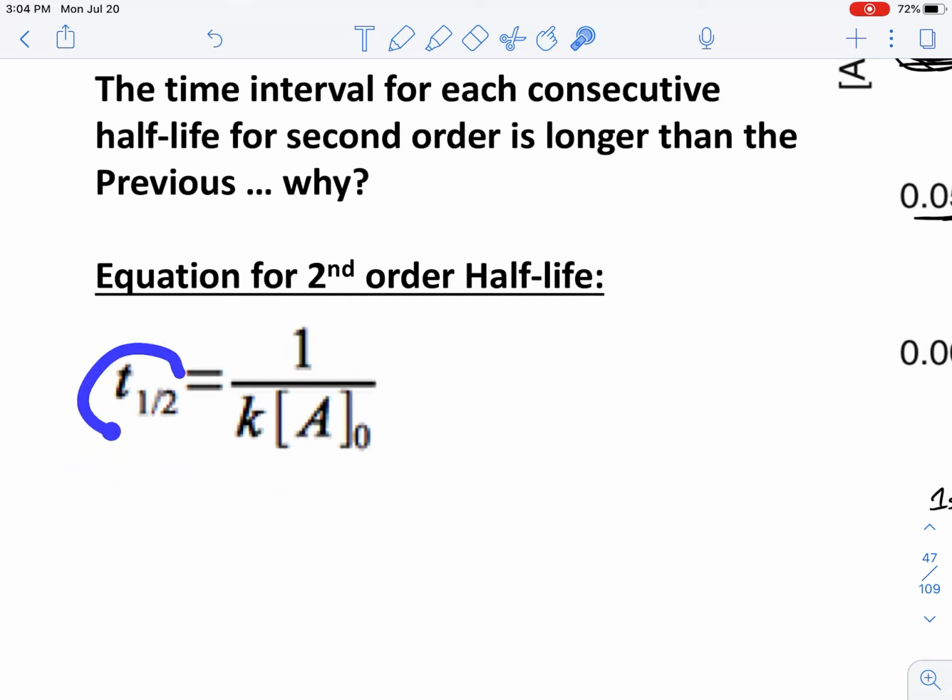Notice that the half-life t1/2 is equal to 1 over the rate constant k times the concentration of reactant A. I do want to say that this 0 will represent initial concentration. If it's 0, then this is talking about the first half-life.